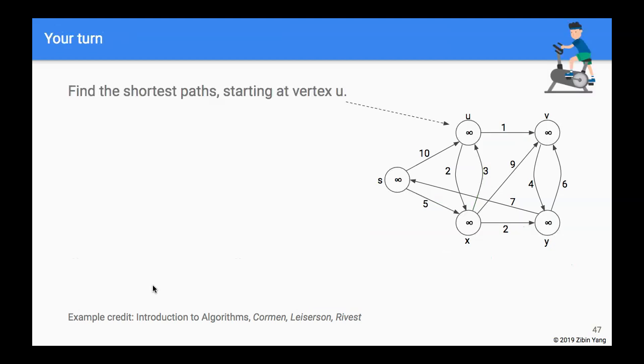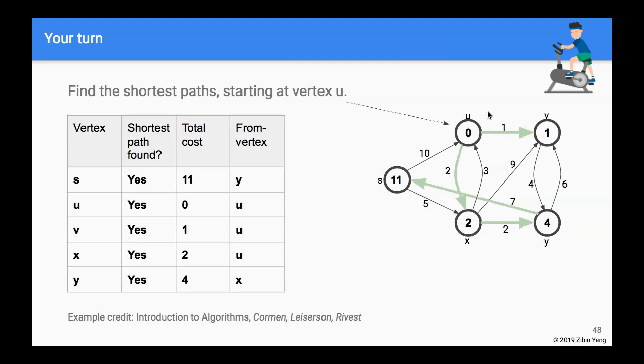And now to verify that you understand it, you can use the same graph, but let's find the shortest path starting at vertex U. And just assuming that you've done it, here is the answer that I come up with. So please check this against your answer.